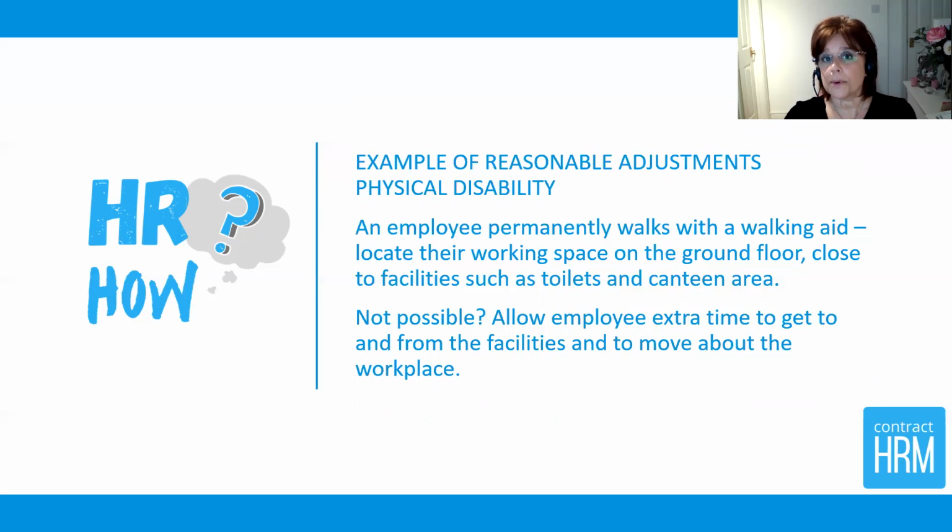If that's not possible, a reasonable adjustment might be to allow that person extra time to walk around the building, to get to the toilets, to get to the canteen, and to get between different office spaces or different areas. And that wouldn't count against them necessarily when it came down to managing their performance.